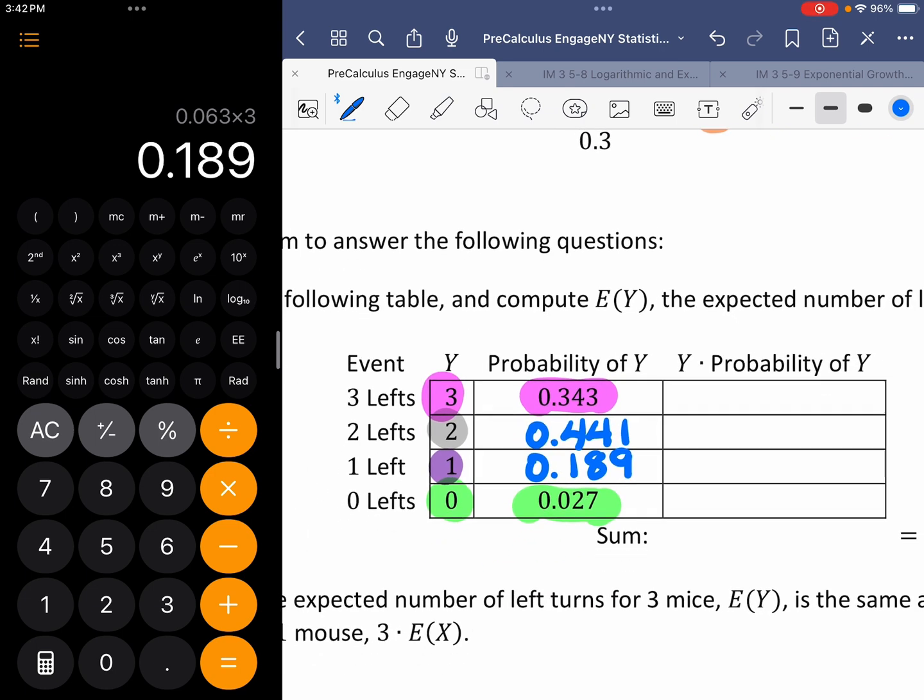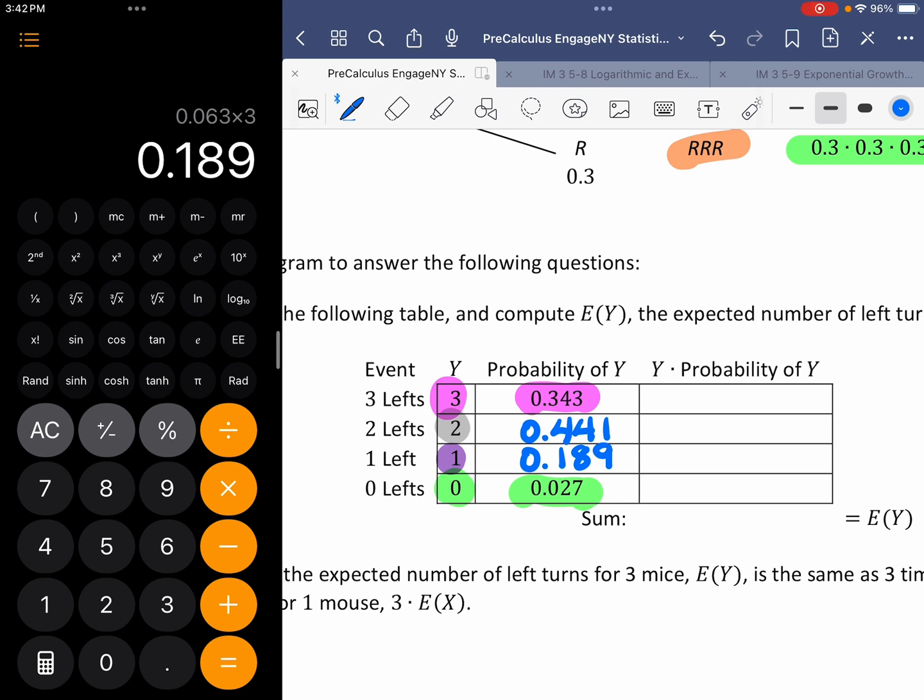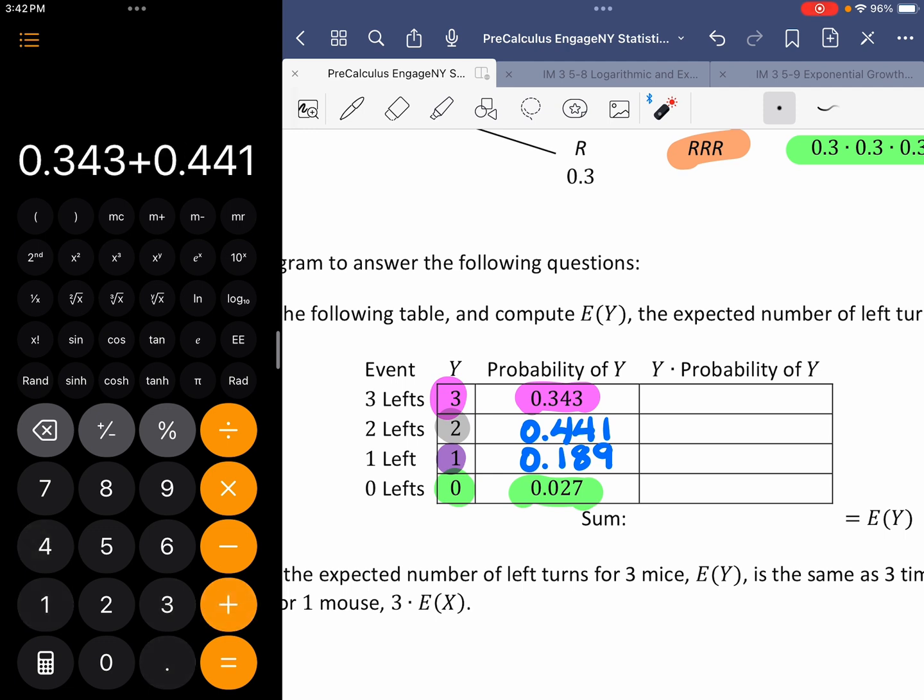So before I do my expected value calculation, I'm just going to do a quick check that when I sum these numbers together, I should get, hopefully you said 1. So we're going to add together 0.343 plus 0.441 plus 0.189 plus 0.027, and we do get exactly 1. So that's a good check for us before we calculate the expected value. I am going to pause here, and I'm going to have you do that calculator work. So pause here, get working on that expected value, and we'll come back.